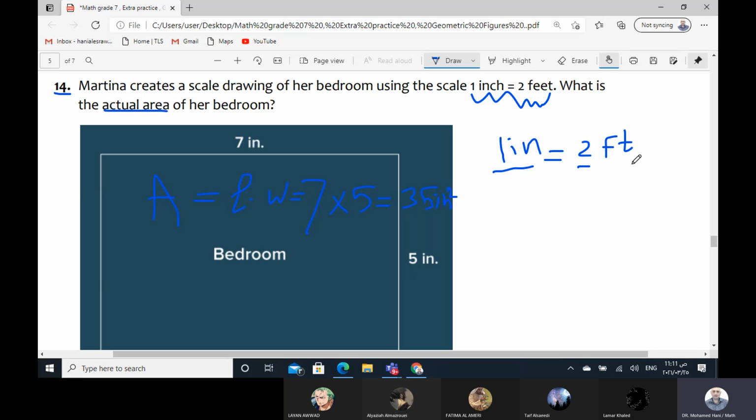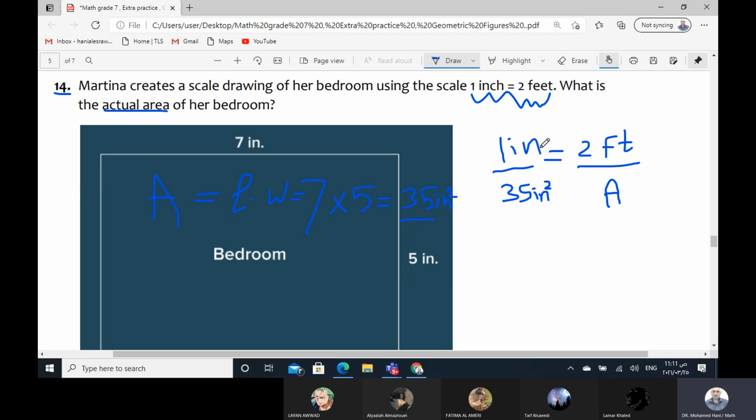Try to write the ratios. We have 35 inch squared. And here we want to find the area. But here we have a problem.